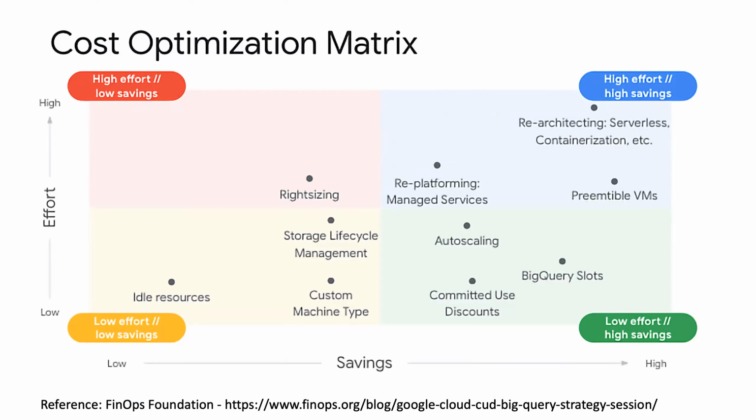And then as you chew through that, you're going to move more towards higher effort, lower savings. But as time progresses and there are additional migrations, it seems like there's always something low hanging every month that we can go after. So don't be surprised if things continue to pop up that are low hanging fruit.